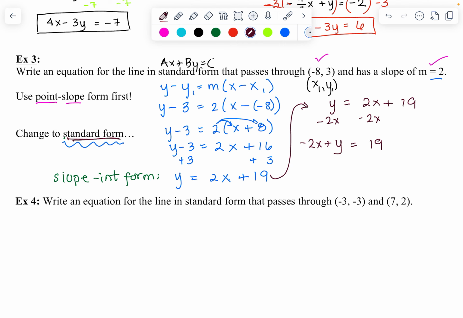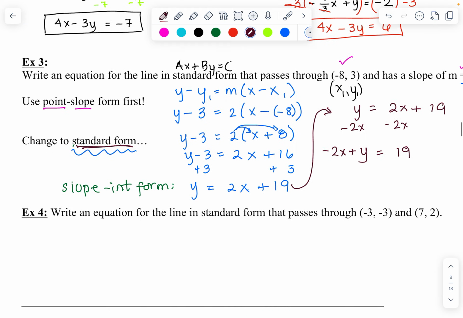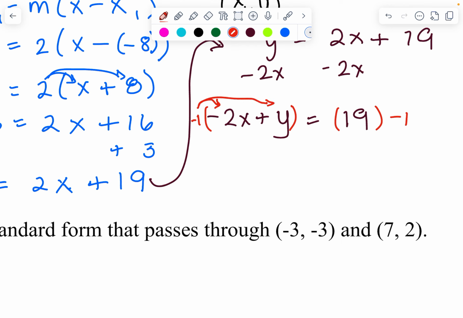But keep in mind, your a value has to be positive. So I'm going to go ahead and multiply -1 to both sides of my equation. When I multiply -1 to both sides, remember to apply the distributive property on the left so that you're ending up with a positive 2x minus y is equal to -19.